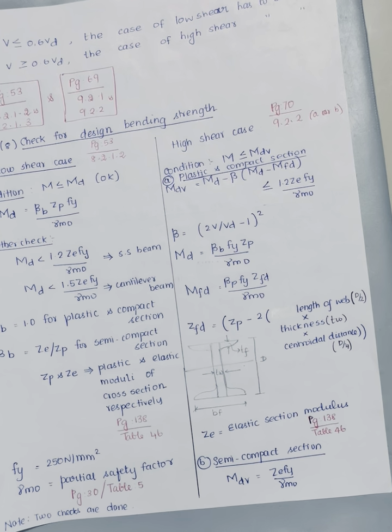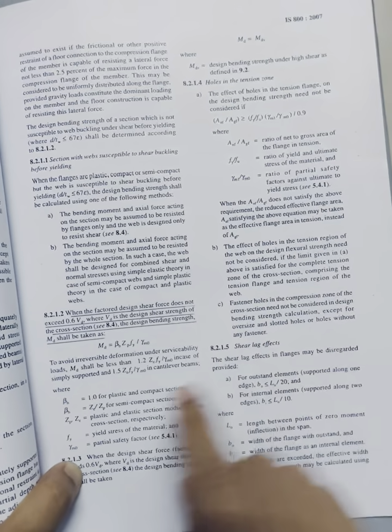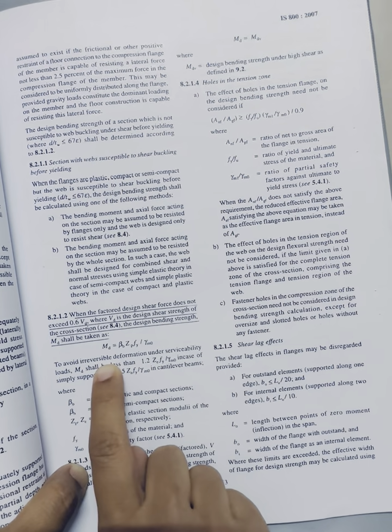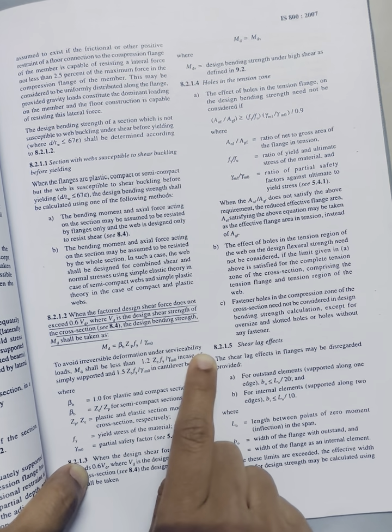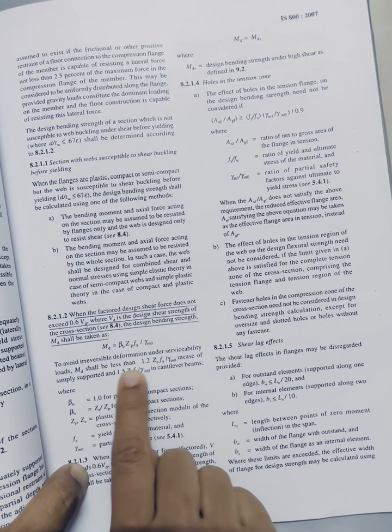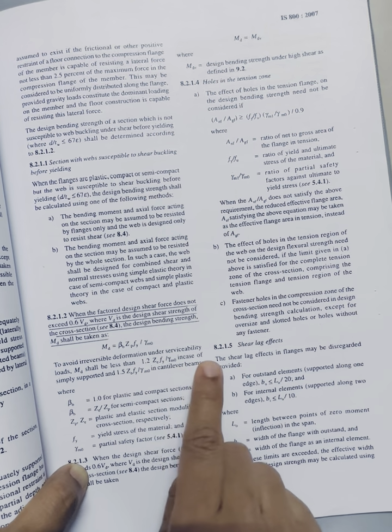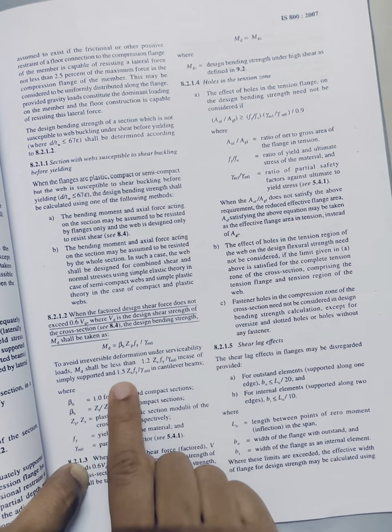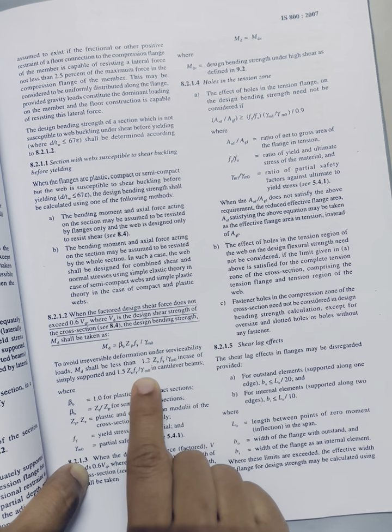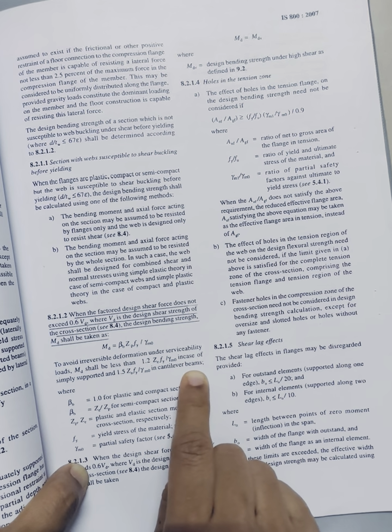In this code book, in the paragraph below, there is something else they have written. To avoid irreversible deformation under serviceability load, MD shall be less than 1.2 Ze Fy by gamma M naught in case of simply supported, and 1.5 Ze Fy by gamma M naught in cantilever beam condition.